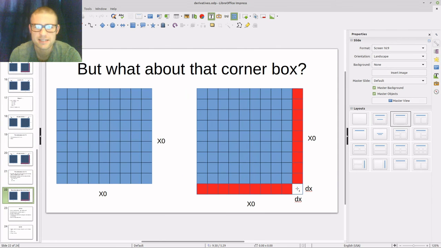Well, the reason we stopped counting it is because the area of that box is dx times dx. And the whole purpose of using dx is to use this infinitely small number. And if we start with an infinitely small number and we then multiply it by itself, dx times dx, it becomes even smaller.